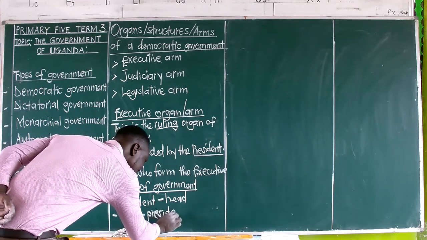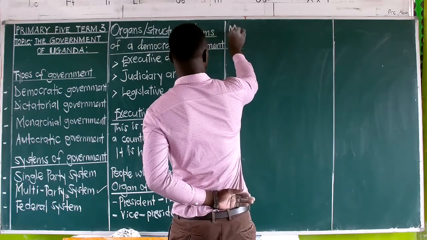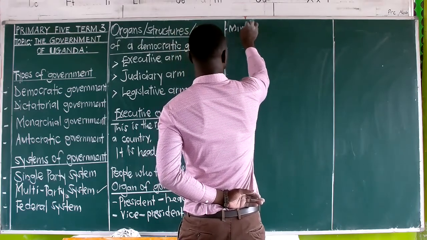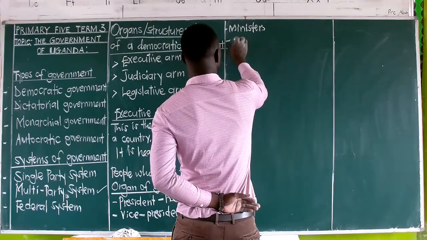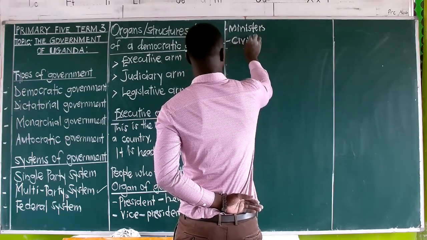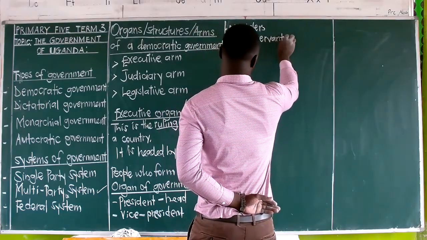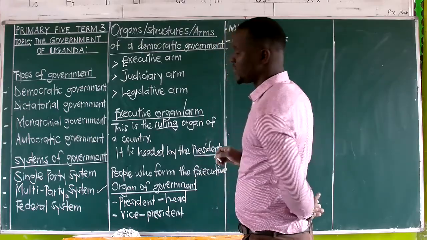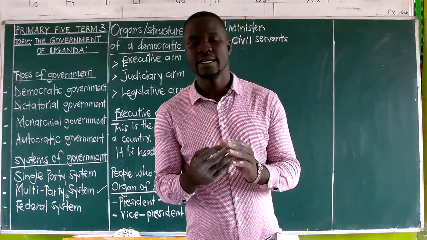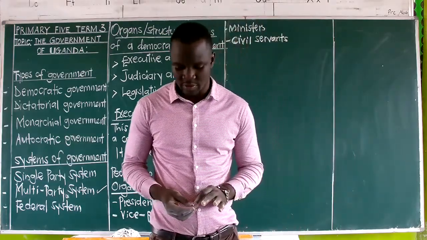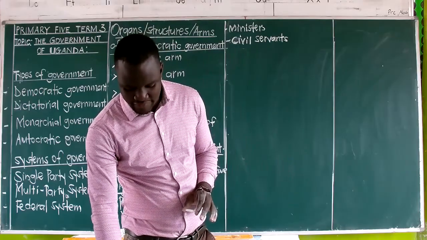We talked about cabinet ministers. And then we have civil servants. These are people working with the government in providing social services. That is where we have people like the police, the teachers, the doctors, all those people come under the civil servants. Then we have the duties.